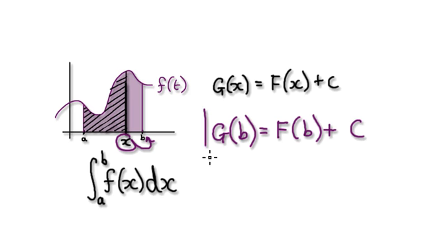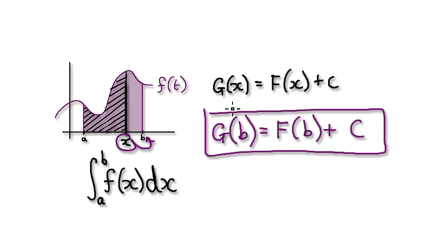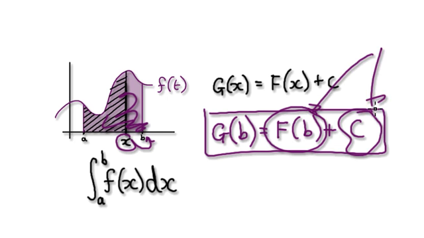So by getting to this stage, you're saying the whole area of this is equal to this, which we can evaluate, plus some sort of mystery number. But the thing is, we don't know this mystery number.